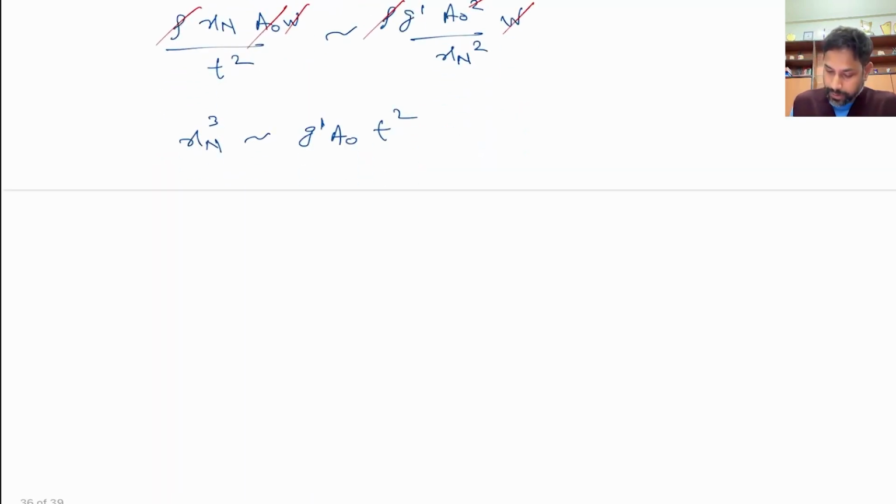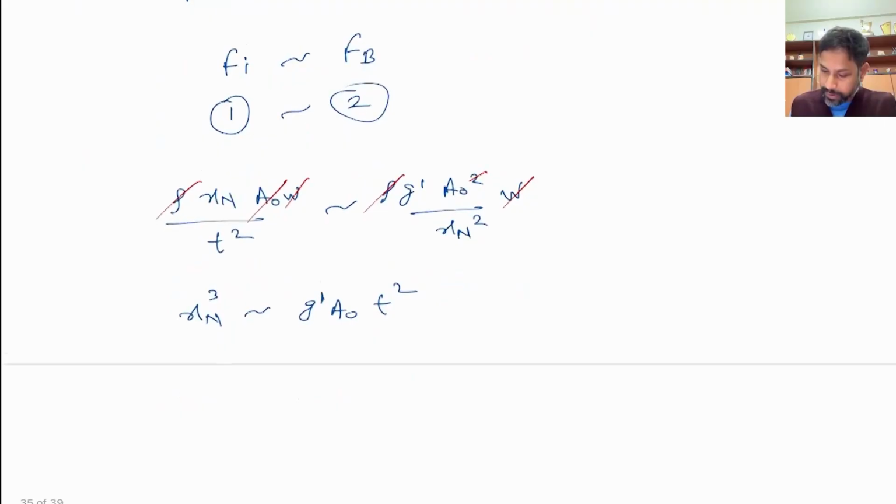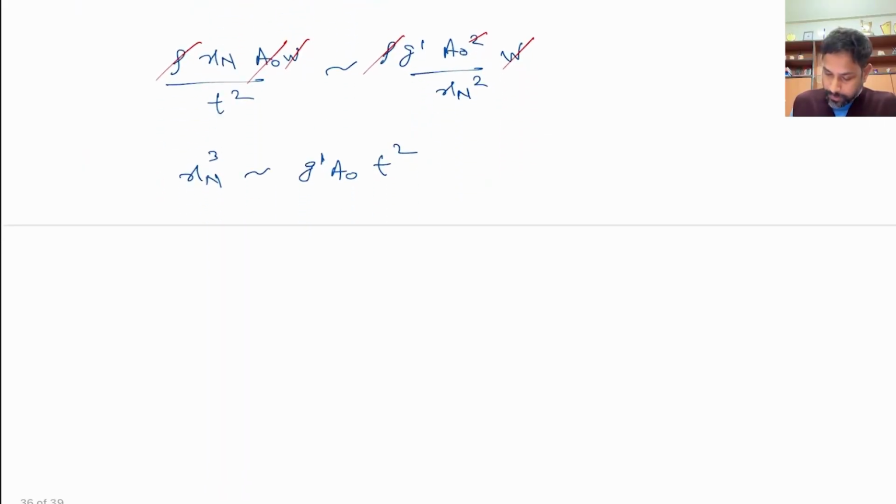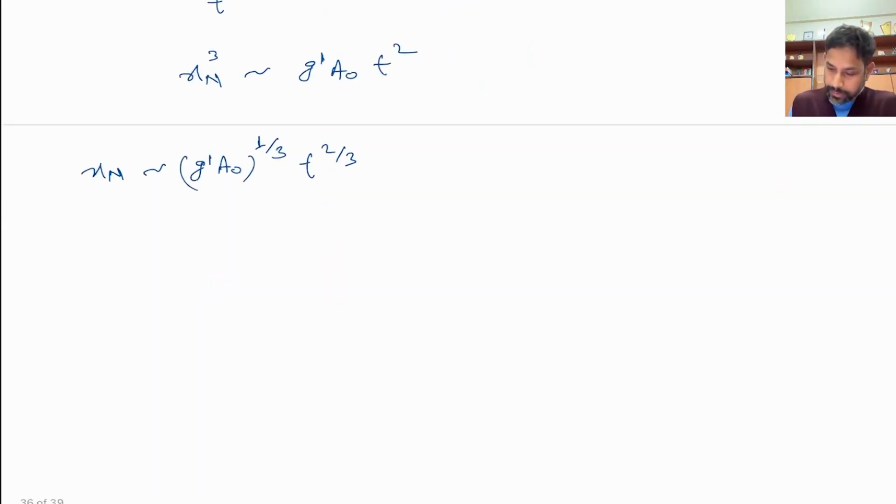And if we simplify it a little further, this gives us xn is proportional to g prime a naught to the power 1 by 3 t to the power 2 by 3, right? So what you see here is the length of the gravity current increases with the 2/3 power of time in the early regime. So xn is proportional to t to the power 2 by 3.